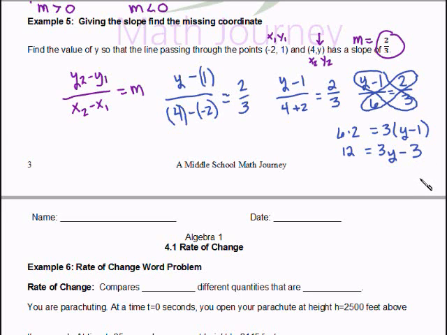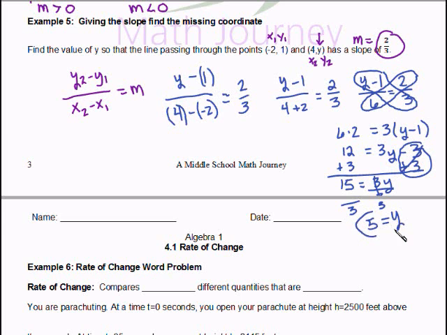I'm going to add 3 to both sides first, and 15 equals 3y. Then I'm going to divide by 3 here. That's a 3. So I have y equals 5.